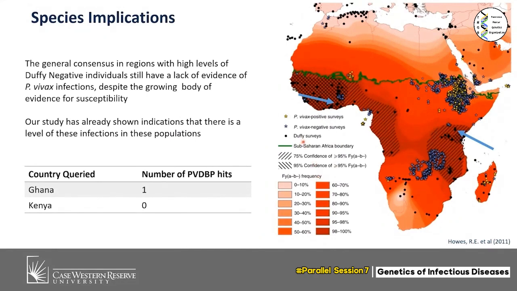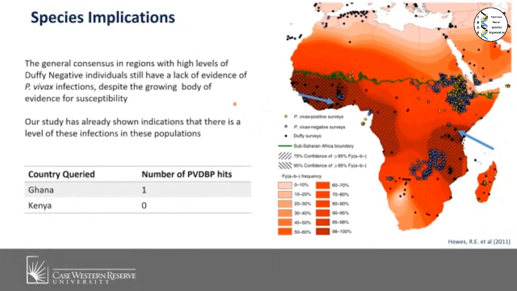However, in more recent years, and kind of driven by one of my PIs, Dr. Peter Zimmerman, we have found that there is potentially an alternative pathway that Vivax is using to infect these individuals. And so if we find a Vivax infection, for example, as you can see here, we've begun to look for it.